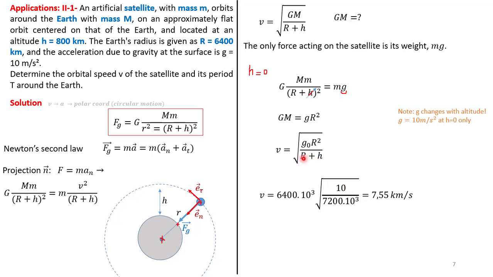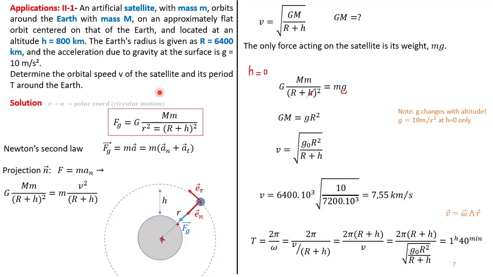And r plus h, so we have to add 6,400 plus 800 kilometers. This will give us 7,200 kilometers. Therefore, we have to multiply with 10 power 3. And finally, I converted the answer to kilometers per second instead of meters per second because it's more convenient to use kilometers per second in this case. It makes more sense.